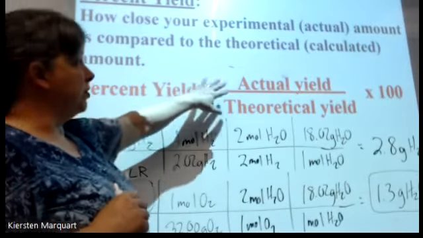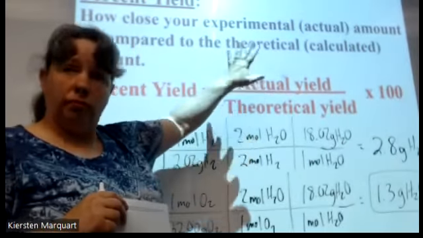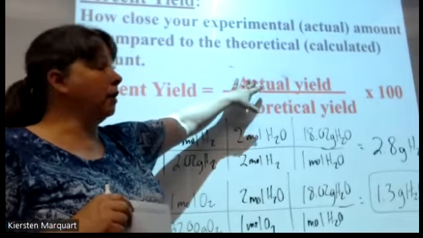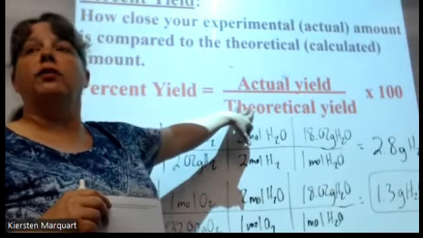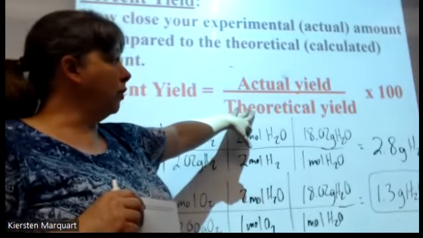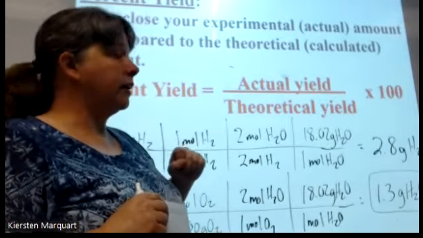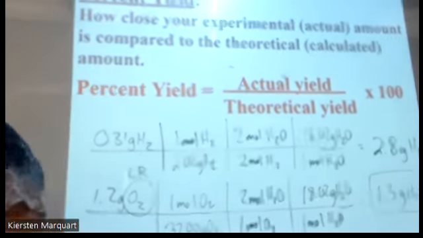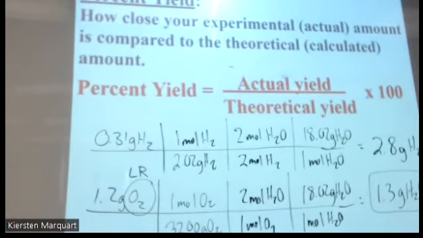Percent yield is just your actual yield, or actual amount of product formed, divided by the true amount that should be able to form theoretically based on your calculation, times 100. Theoretical yield is what you calculate.